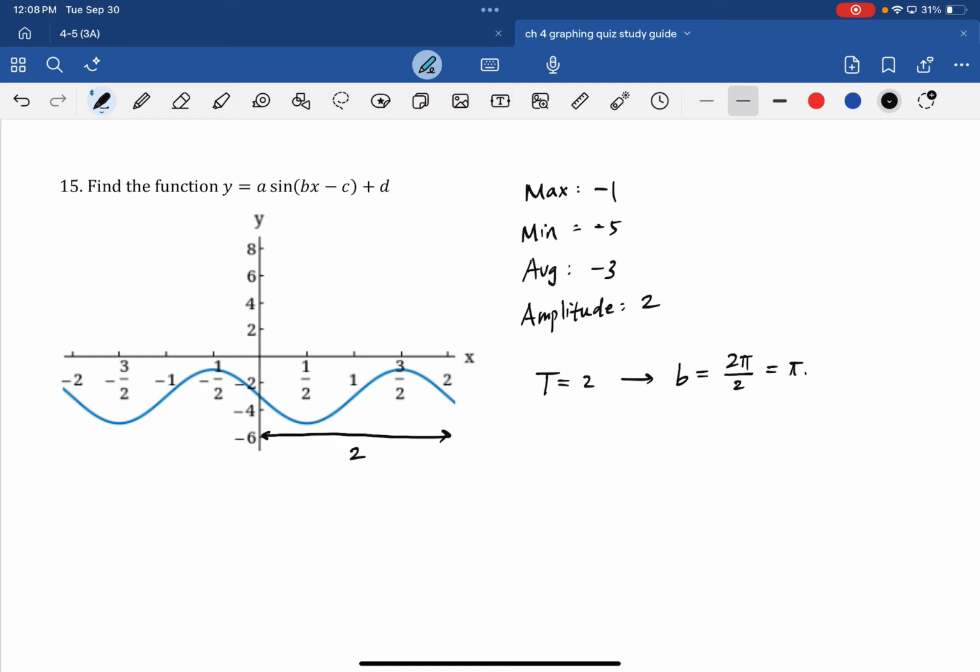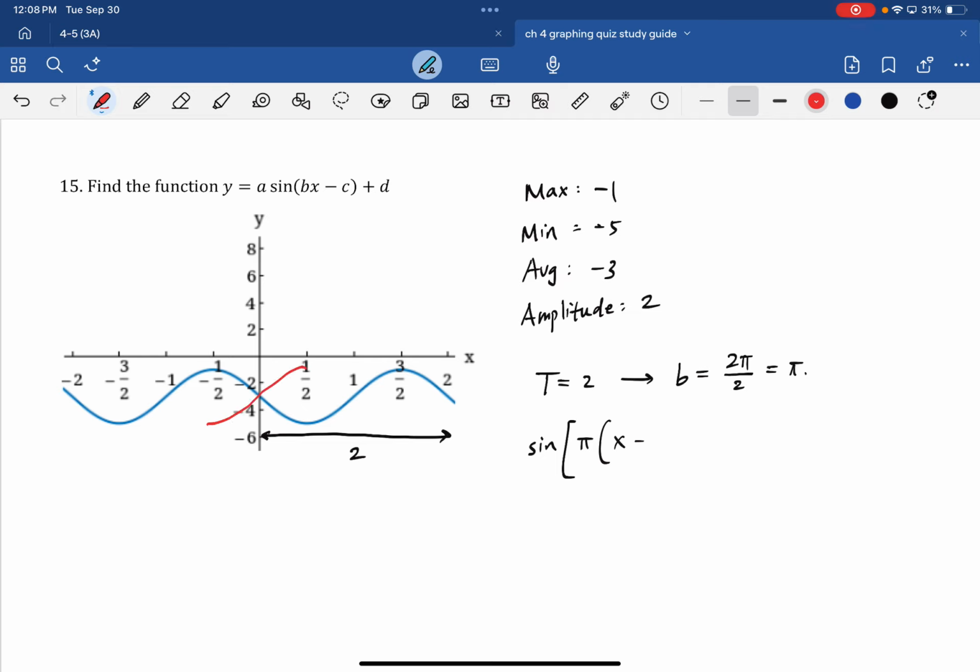Now the next thing that has happened is also a shift. B is pi, so that means sine of pi times x minus something. What is the shift? Well, normally sine x would intersect the y-axis with a positive slope, so it should look something like this.